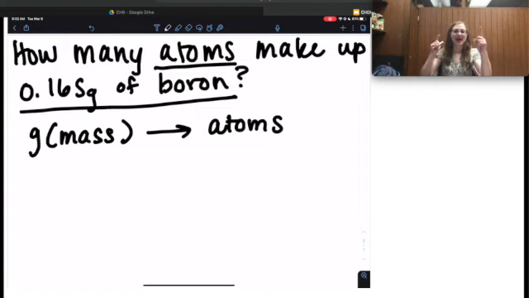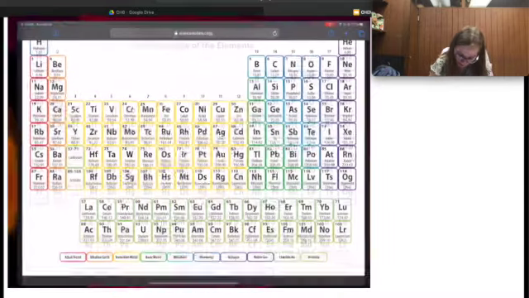However, did you hear something there? I know mass and moles, and I know atoms and moles. Well, let's try using the mole as an intermediary step to get from grams to moles, and then I can go from moles to a number of atoms. Let's try that. If I'm thinking about relating mass and moles, I'm going to pull the molar mass of boron from the periodic table.